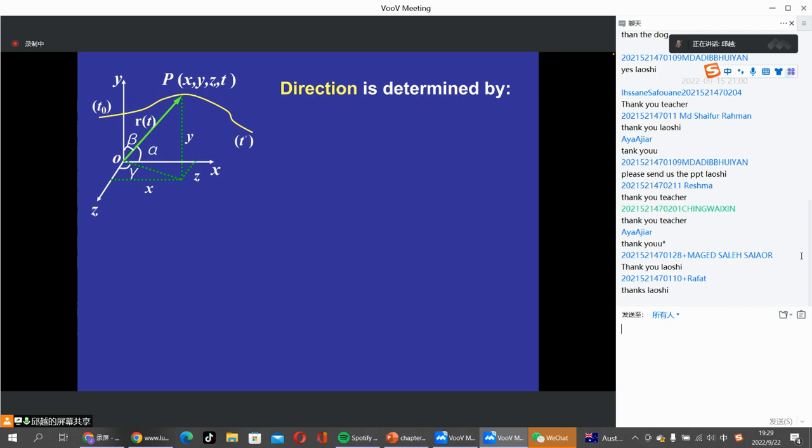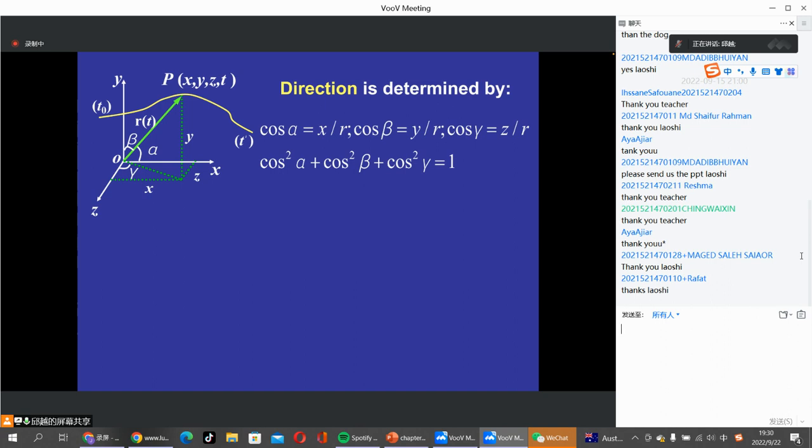Okay, the direction of the position vector can be determined by the three angles of vector r with respect to the xyz axis.